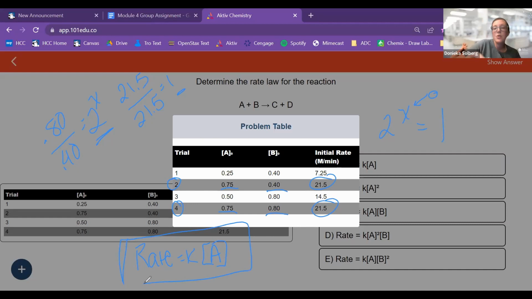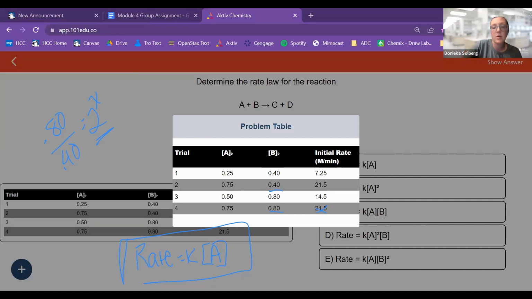Now, if you're wondering what it would look like if it was second order, let's make up some numbers here. I'm going to use trials 2 and 4 again. So we doubled B and the rate would quadruple. So what is 21.5 times 4?